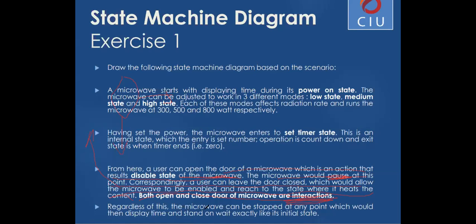Regardless of this situation, the microwave can be stopped at any point, which then displays the time and stands by, exactly like its initial state. So you can connect the final state to the initial state. One big difference between a state machine diagram and an activity diagram is that the final state usually goes back to the initial state.